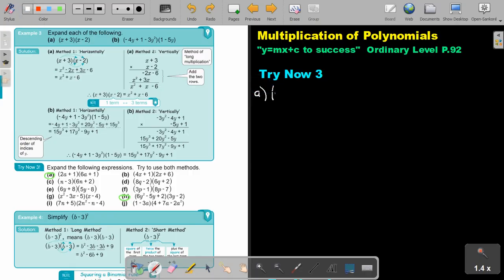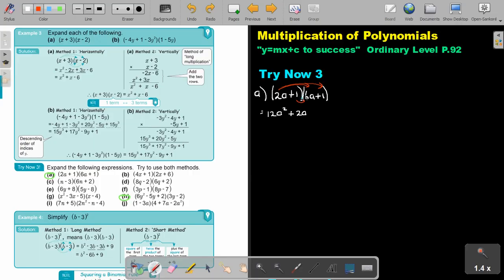So in this case, it's going to be 2a plus 1, 6a plus 1. So remember, we take this one and we multiply. And this is what I do first. So then 2a times 6a, that is going to give me 12a squared. 2a times 1, that's going to give me 2a.